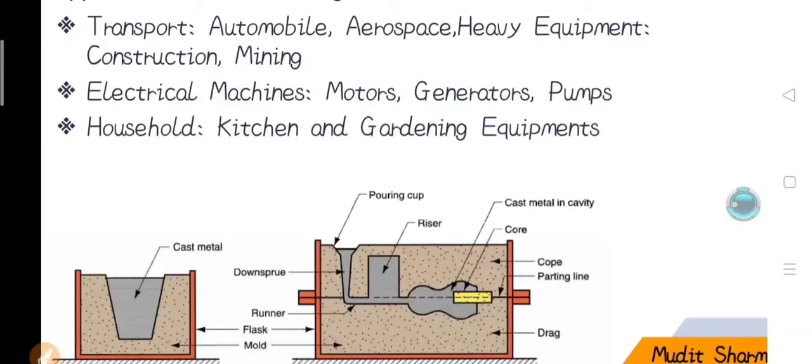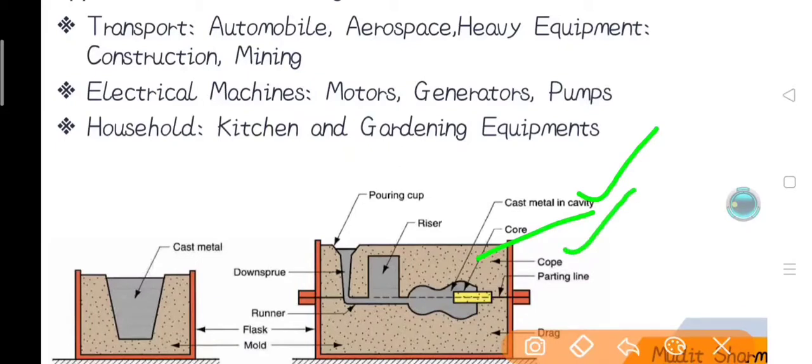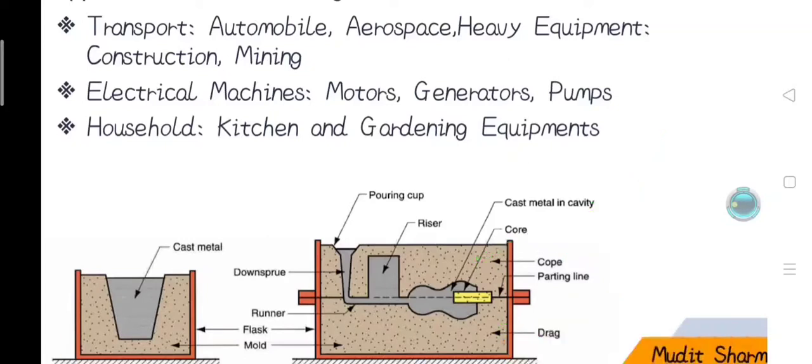This is the cast metal, and this is the core. The upper part of the molding flask is called the cope and the lower part is called the drag, and the intermediate part is called the cheek. The place where these parts are separated is called the parting line. You will understand this in another section of the video.